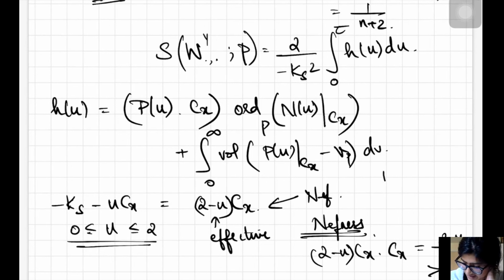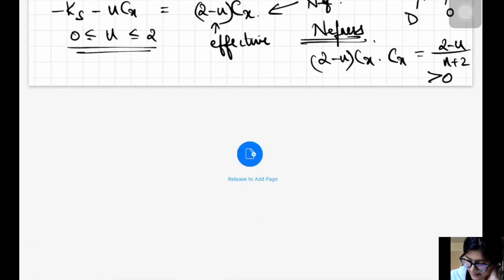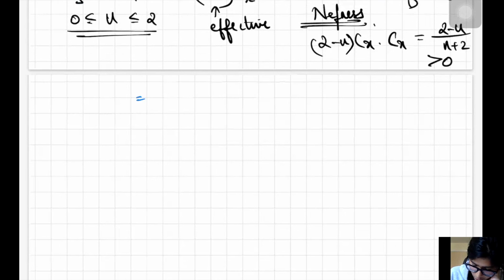And so from the Zariski decomposition that I had before, P plus N, my P is already my D. So my D is already nef, so my N is 0. Which means in my h of u, this is going to be 0 because there is no negative part for us. And so this is a very straightforward computation now.